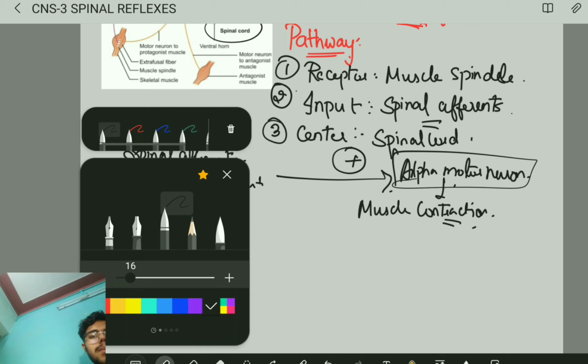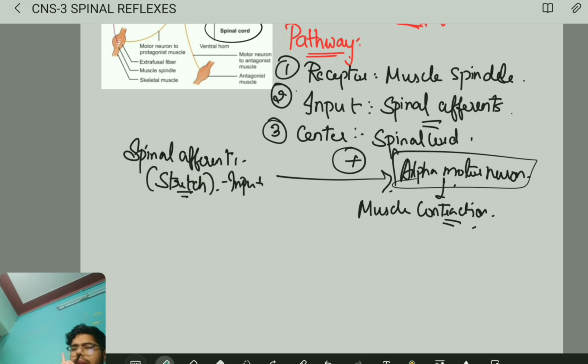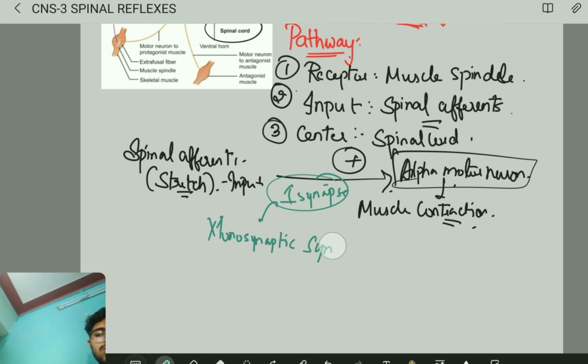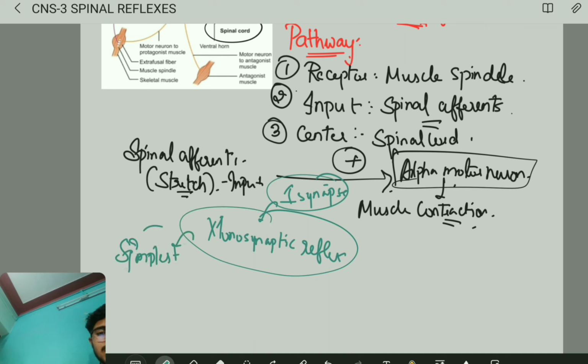Now what you have to remember is that only one synapse is needed for that alpha motor neuron to be activated. So we call this a monosynaptic reflex, and this monosynaptic reflex is the simplest form.